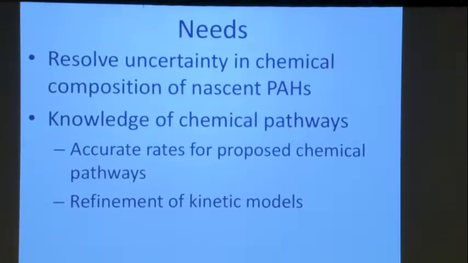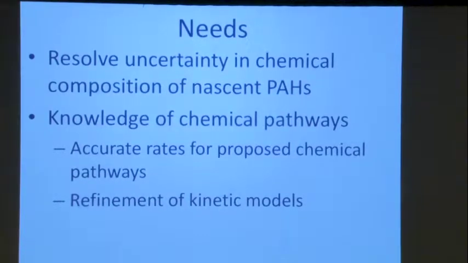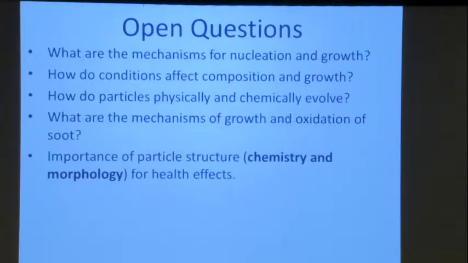What I mean by refinement is: what pathways are missing? What's in the mechanism you're not taking into account that can help you to better match those experiments? So PAH chemistry, experiments and models are a huge need. And of course, this also goes with experimental techniques in the area of nanoparticles that could be useful.